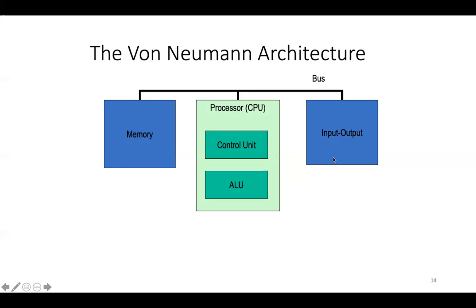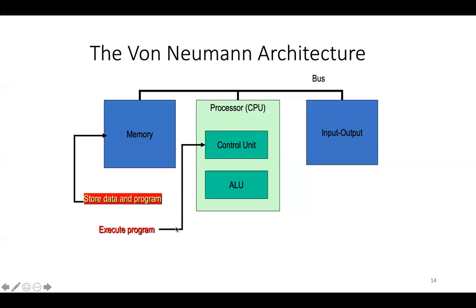The main memory will be used to store data and programs, and the control unit, to execute the program, will initiate the signals. After that, the ALU performs the arithmetic and logic operations requested by a program. That means the control unit initiates the signals and then the ALU performs accordingly.